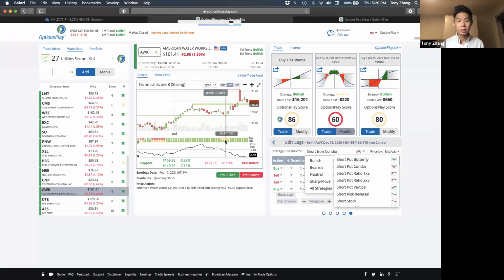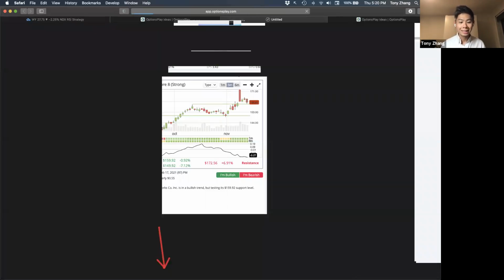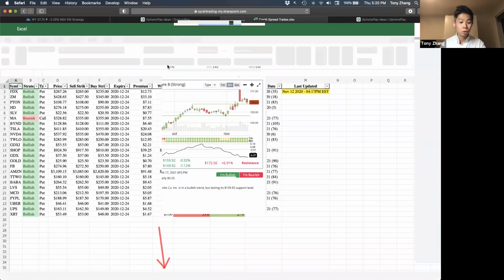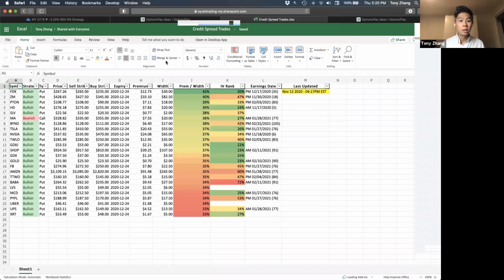Is there a way to see what stocks are good ones for credit spreads? We actually have a whole webinar on this, and we have a section on our platform called credit spreads. When you click on the credit spreads link at the bottom of the tool, it takes you to the optimal credit spreads that our platform scans for. These are stocks that we think are best for credit spreads.